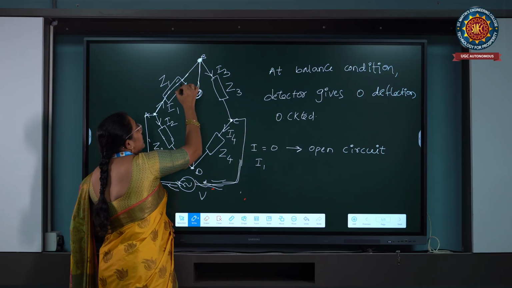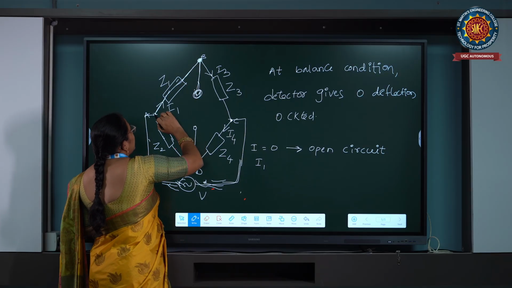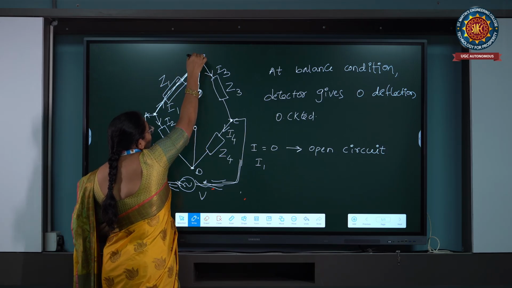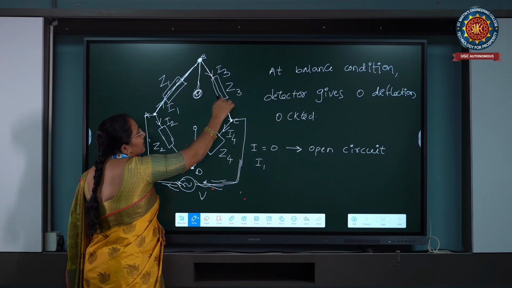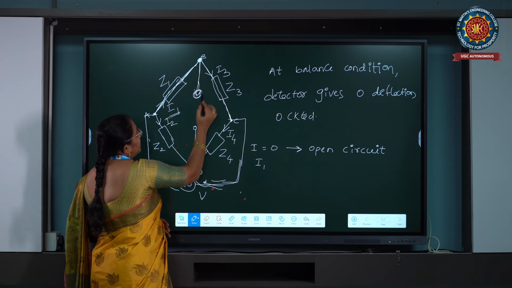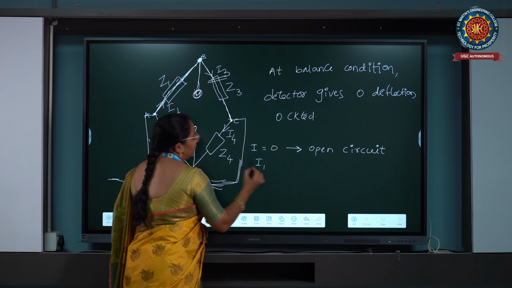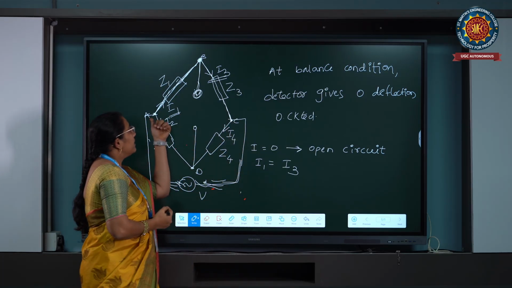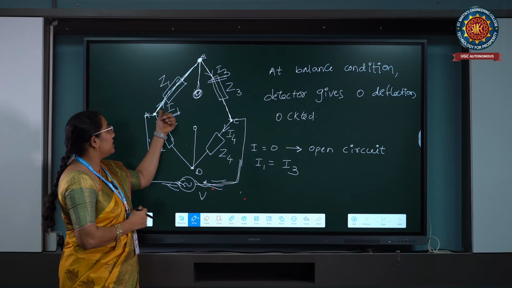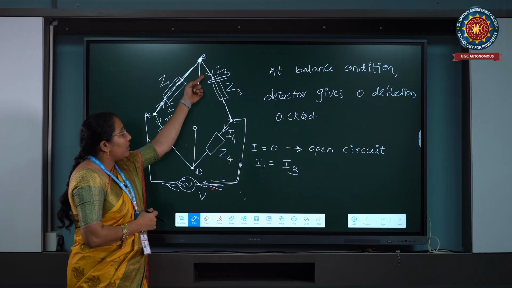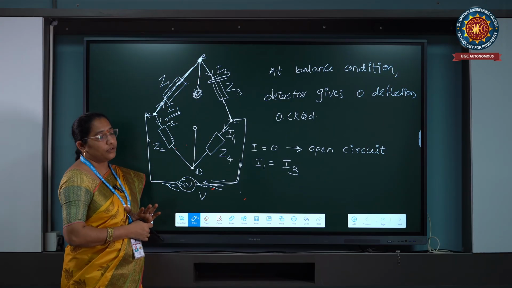So then whatever amount of current we are getting at this branch, this total amount of current flows through this branch. Means here I1 is equals to I3. At balance condition, the current flowing through the first branch is equals to the third branch.